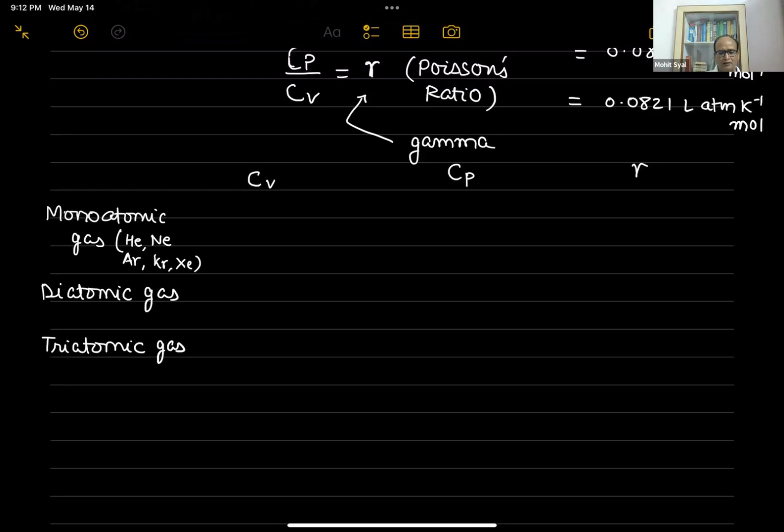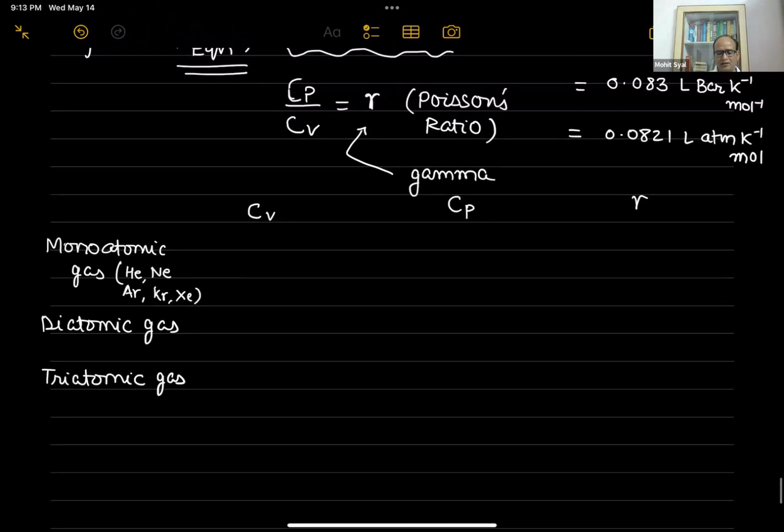Cv is 3 by 2 R. This is 5 by 2 R. Just add one R to it, because Cp minus Cv equal to R, so Cp equals Cv plus R. Got it? Cp is higher.